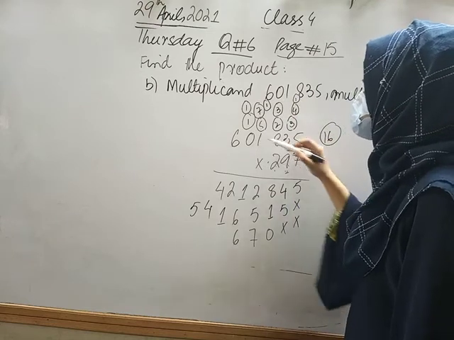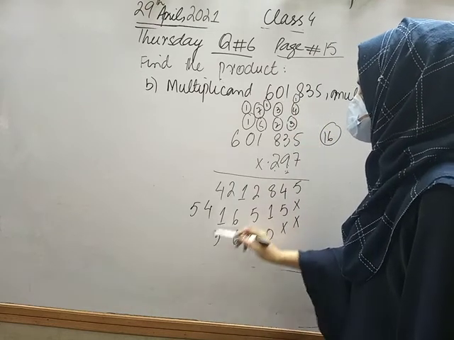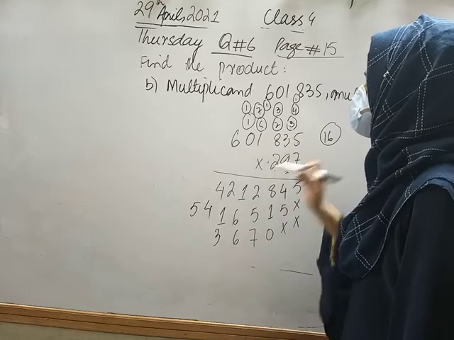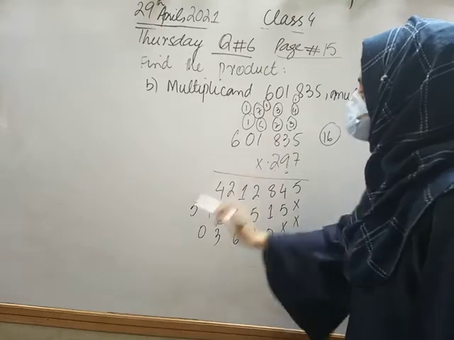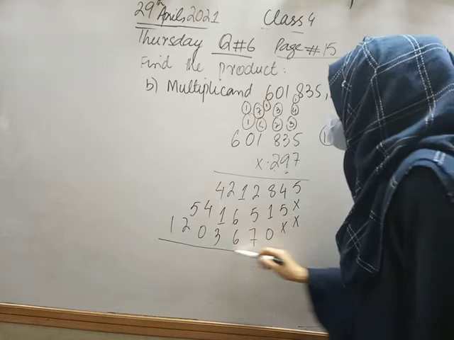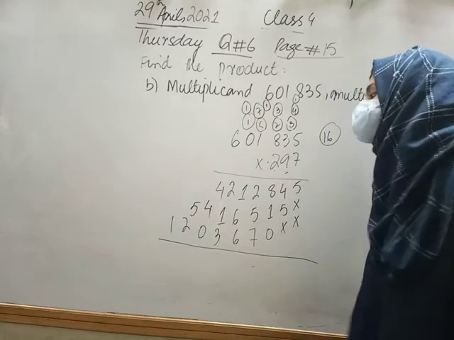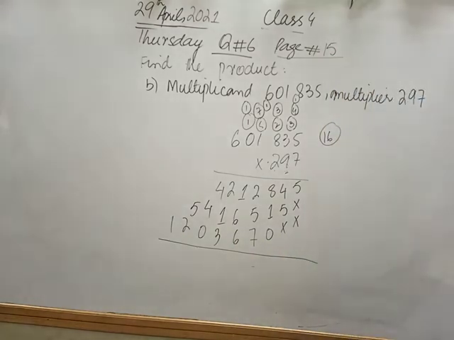Fine. 2 1 times 2 and this 3. 2 0 times 0 and 2 6 times 12. Okay class? Now in the end what would we do?